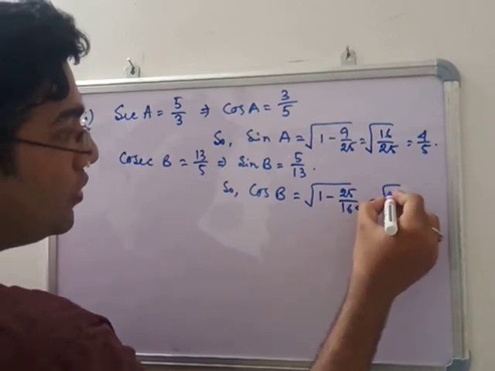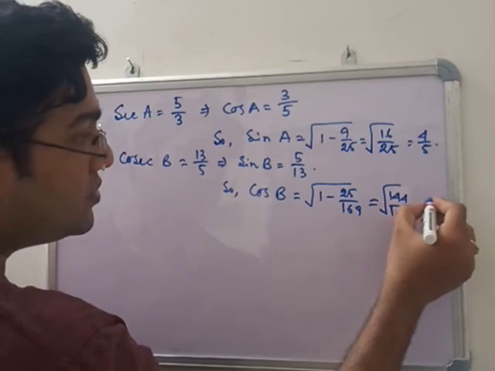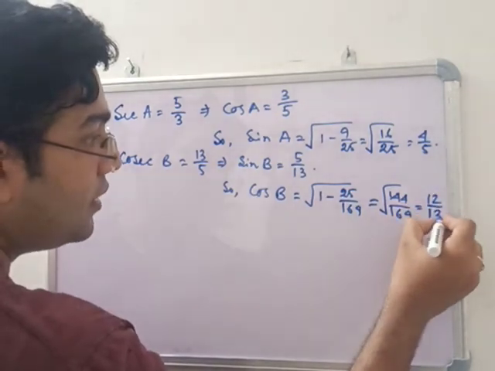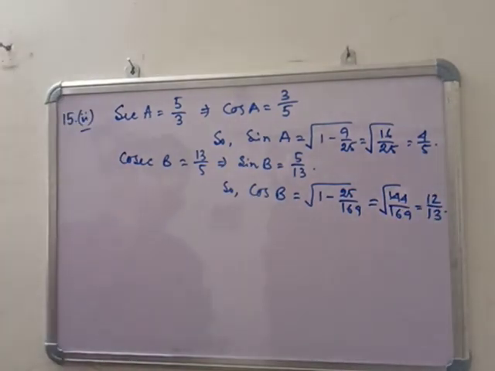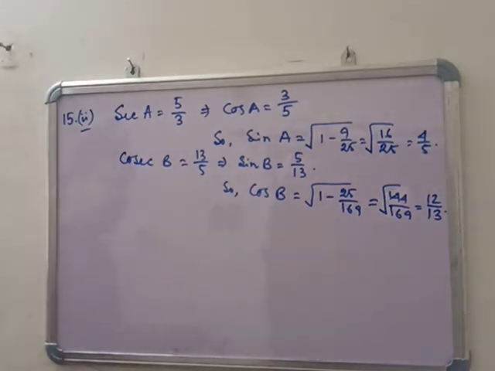That means root over 144 by 169, that means 12 by 13. Okay. So cos A, cos B, sin A, sin B, you get it? Now we find the value of cos A minus B and sin A minus B.